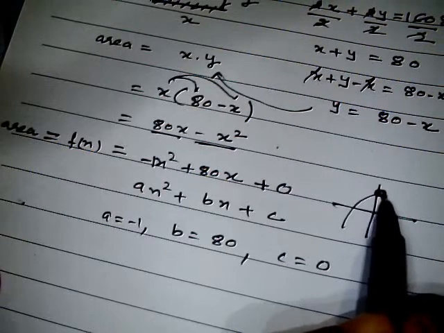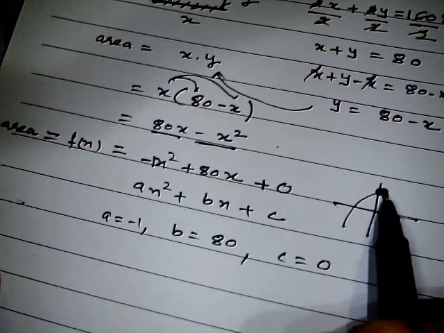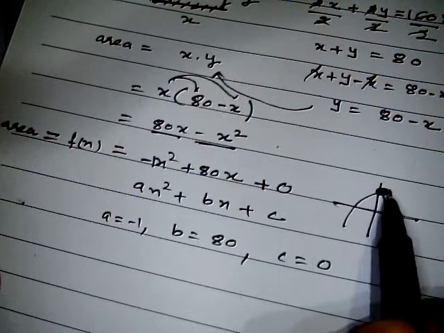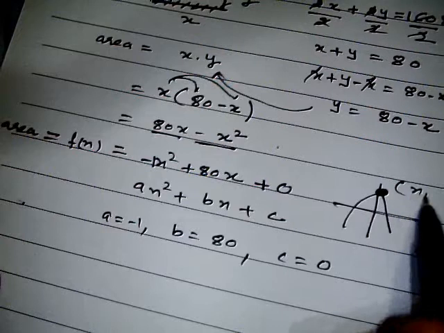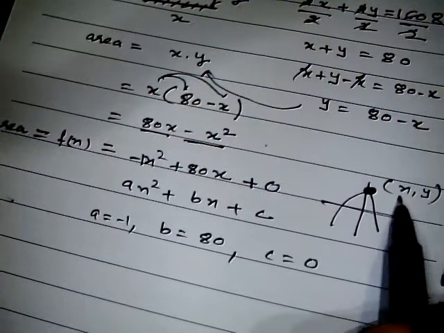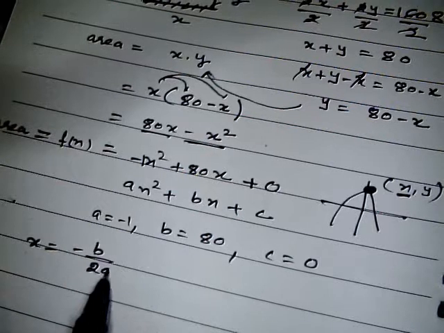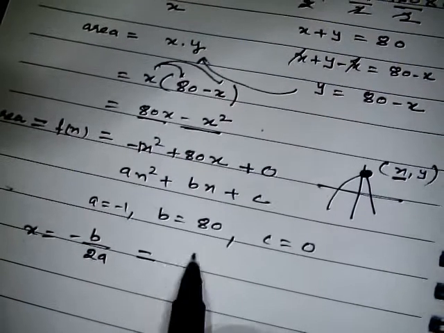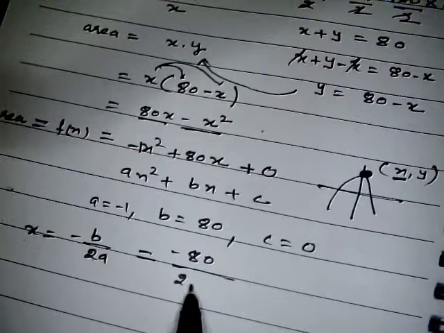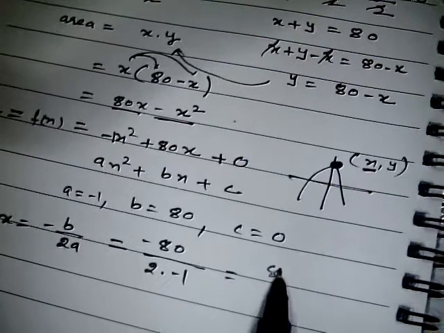To calculate this maximum value at this point, I need both the x and y coordinates. x is always given by negative b upon 2a. The b value is 80 and 2 times negative 1 is negative 2, so 80 upon negative 2, which gives 40 in magnitude: x equals 40.